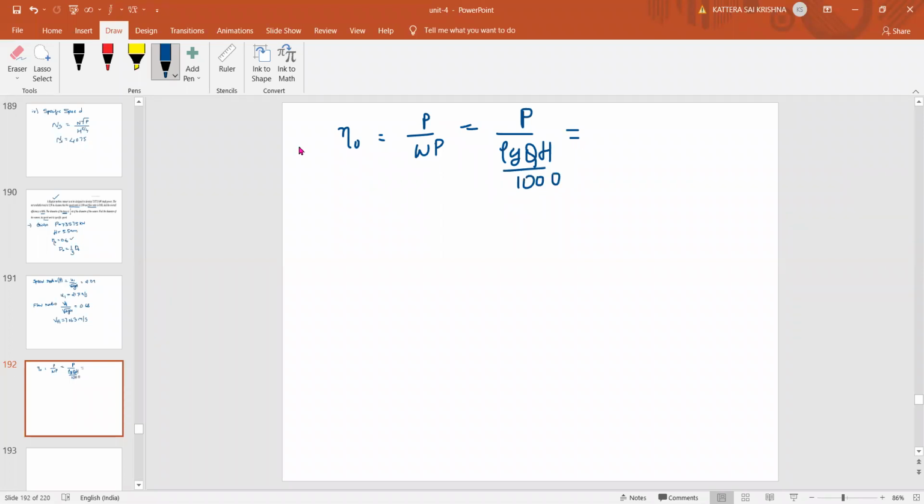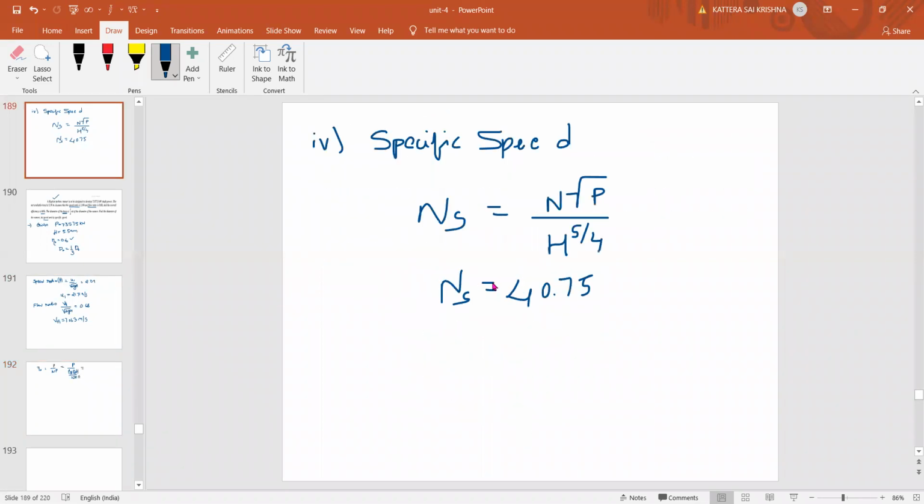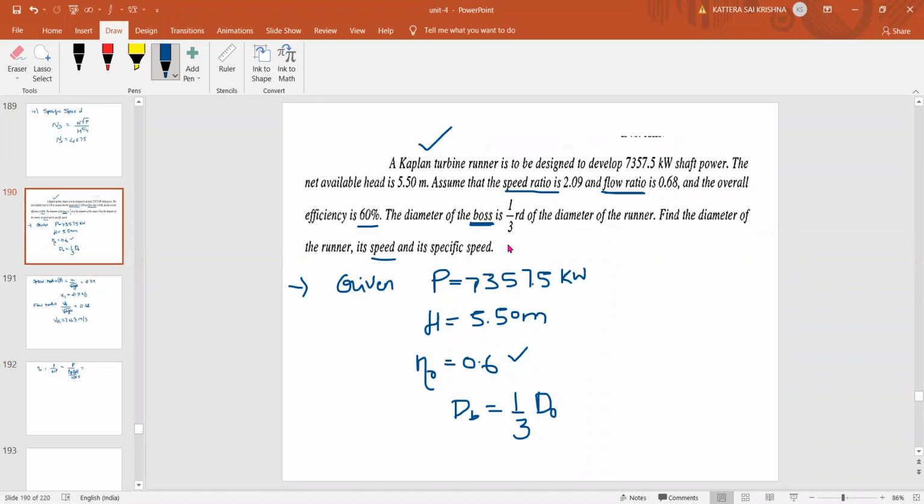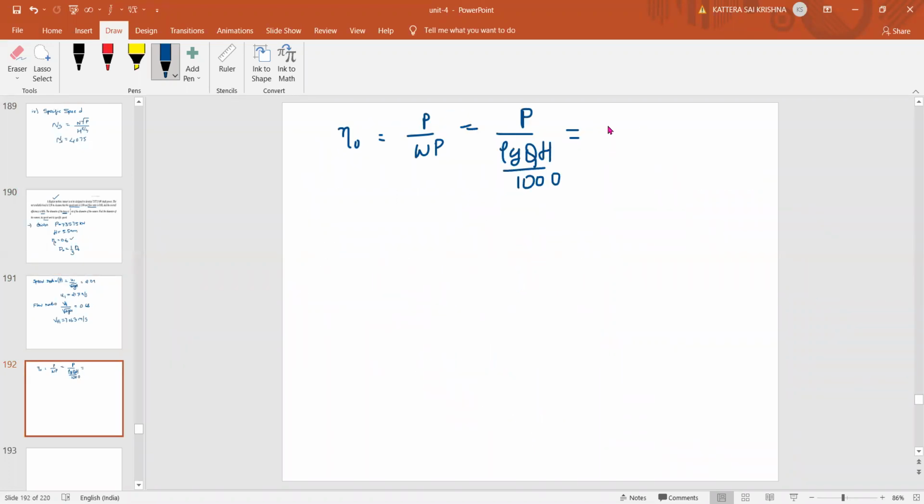The overall efficiency is given as 60%, that is 0.6. So from this, we can find the discharge Q.